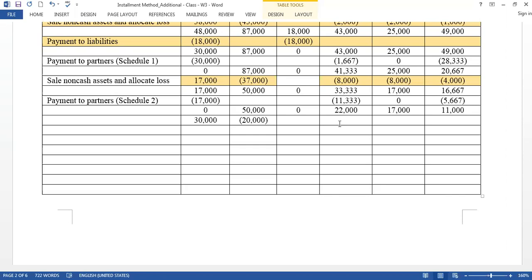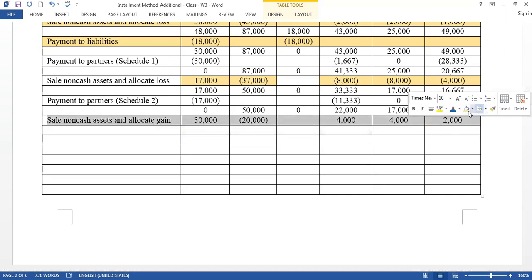Gain increases the capital, loss decreases the capital. So 10,000 is the gain, allocated as 4,000, 4,000, and 2,000. 4,000 will be received by Muskan, and 2,000. So this is called sell non-cash asset and allocate gain.